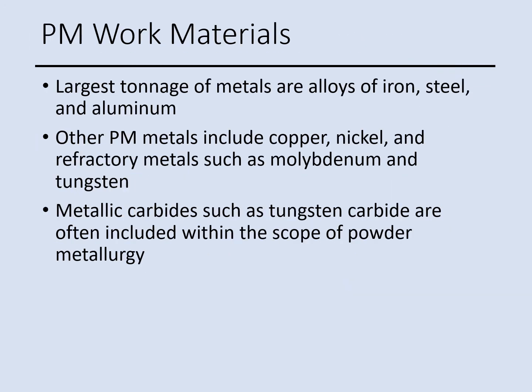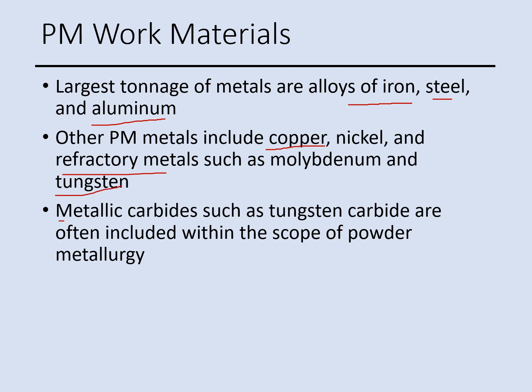What are the materials that we use in powder metallurgy? Mostly we use iron, steel, and aluminum in the PM method. It is possible that we use other metals like copper, nickel, and refractory metals like molybdenum and tungsten.